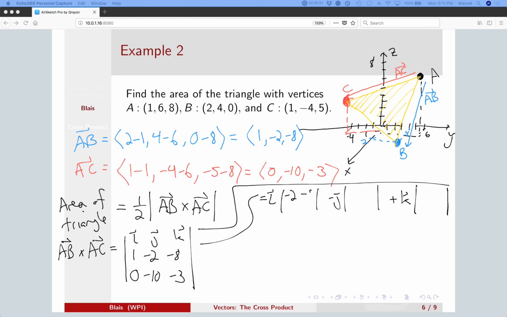Minus 2, minus 8, minus 10, minus 3. For the 2 by 2 that goes with negative j, erase the row and the column with j. We get 1, minus 8, 0, minus 3. And then for the 2 by 2 that goes with k, we erase the column and row containing k. 1, minus 2, 0, minus 10.